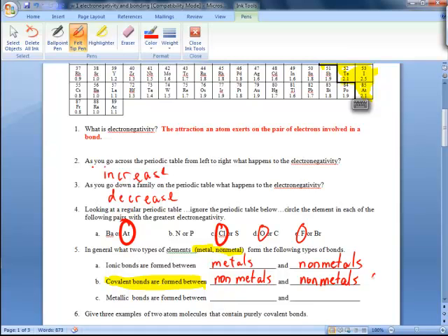Things like oxygen combined with another oxygen. They're shared equally, going to be a covalent bond. Carbon combined with oxygen, covalent bond. Metallic bonds are formed when metals combine with other metals.